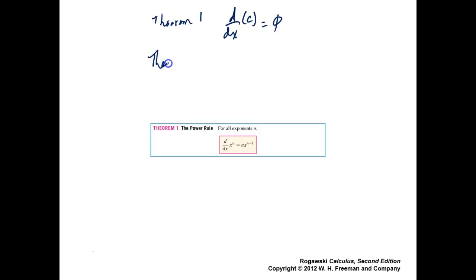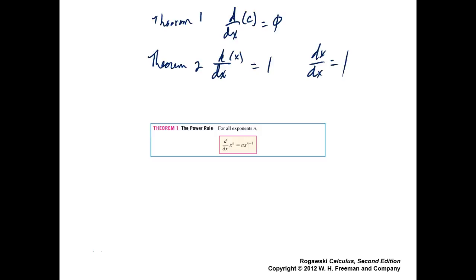And Theorem 2 was d by dx of x is equal to 1. Perfect, okay? Now, that even looks more like a fraction, doesn't it, if you said dx over dx. If you ever see that, that's 1. It looks like a fraction. It's not. It's an operator, but you can still count on that being 1.